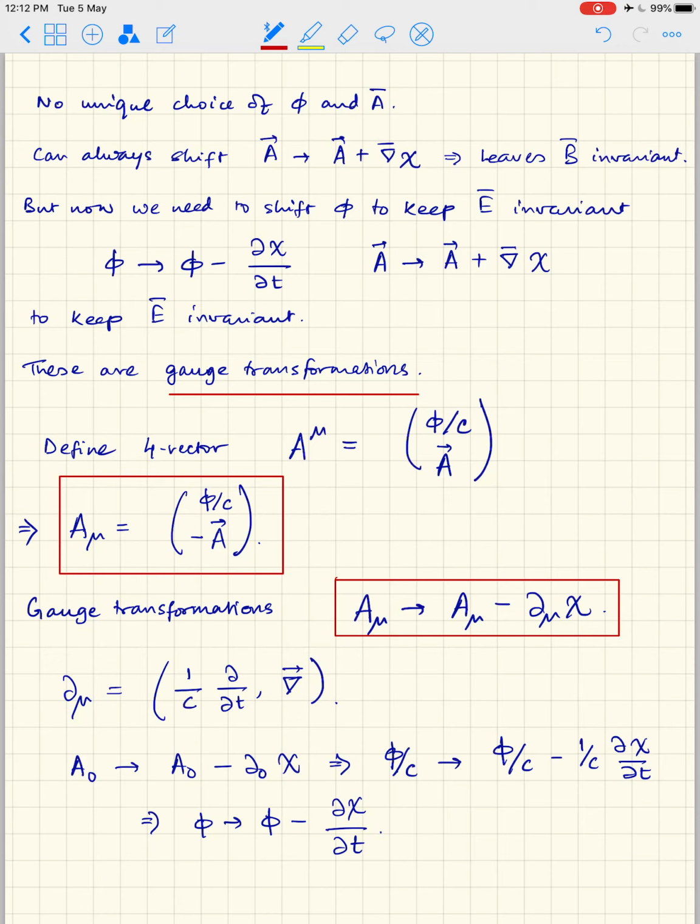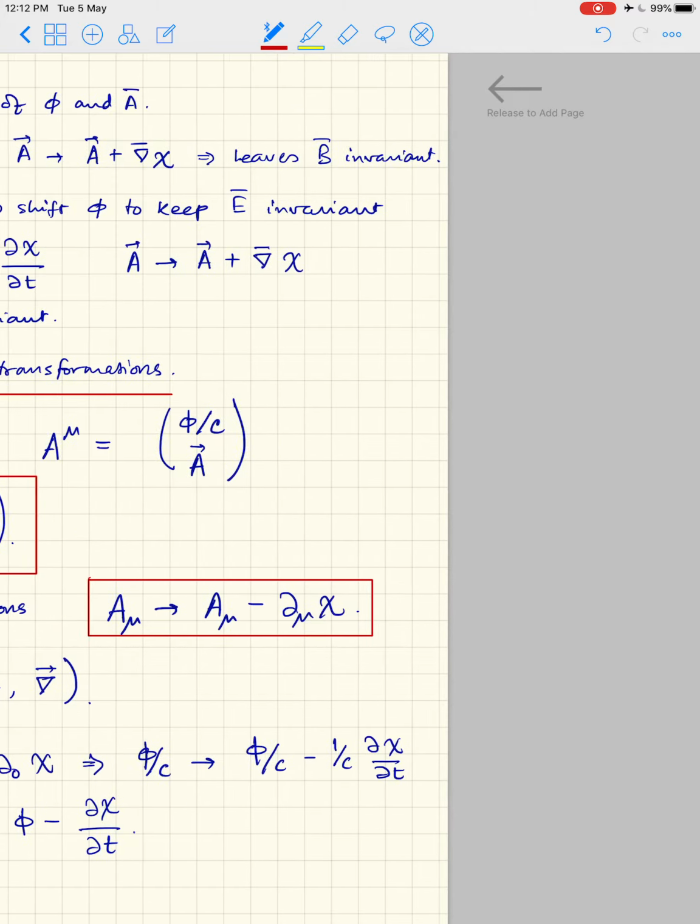Very good. So now that we have a 4 vector, we want to try and figure out how this fits into the electromagnetic theory, right? And for that, we are going to think about the symmetries of the problem first. So let's think about this for a minute, okay?